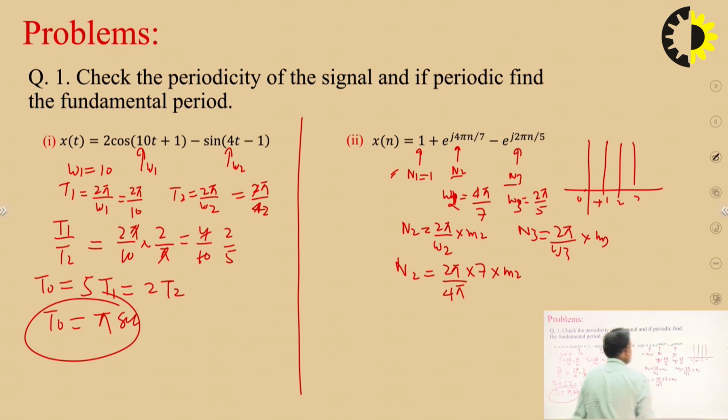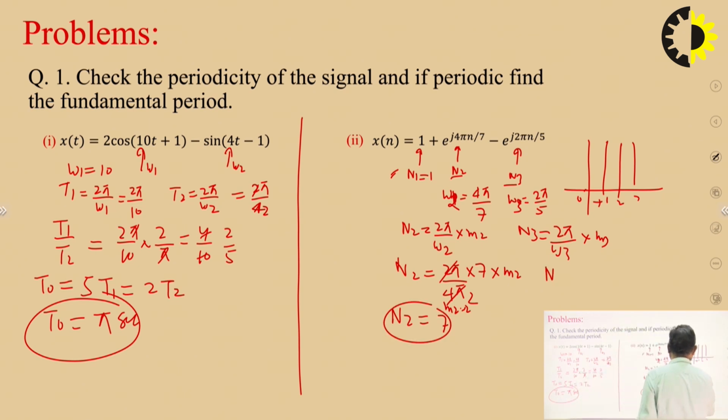Now we have to choose the value of m2 so that this becomes an integer value. So let's say m2 equals 2. If you choose m2 equals 2, then n2 equals 7. And here n3 becomes 2 pi upon 2 pi by 5 into m3. Now you can choose the value of m3 as 1. So n3 equals 5.